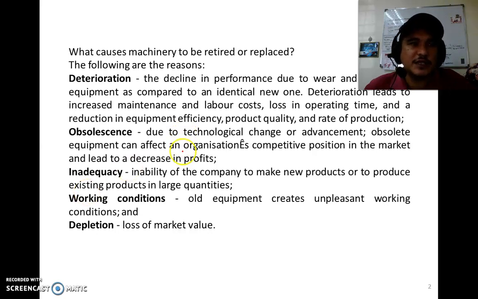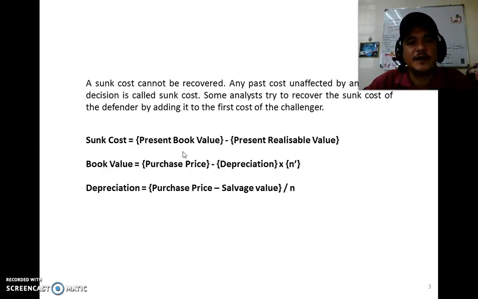When we are doing the machine replacement, what is the first factor we need to consider? The first factor is the sunk cost. What is sunk cost?